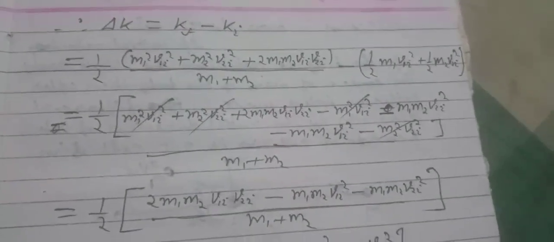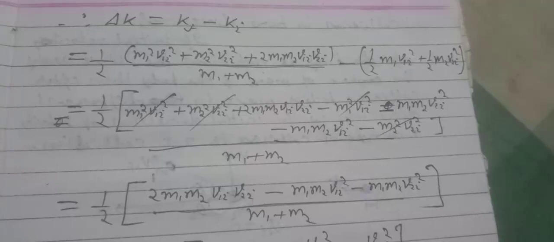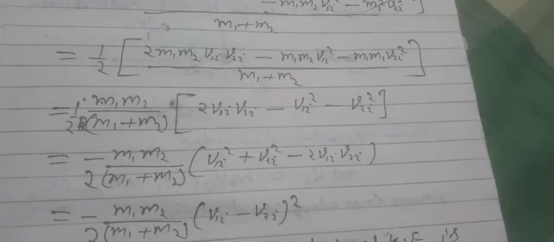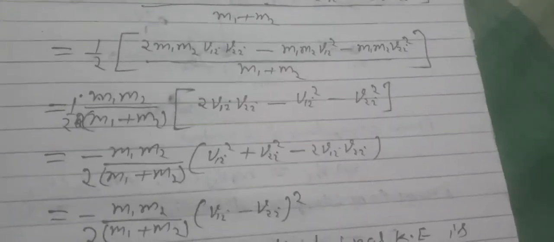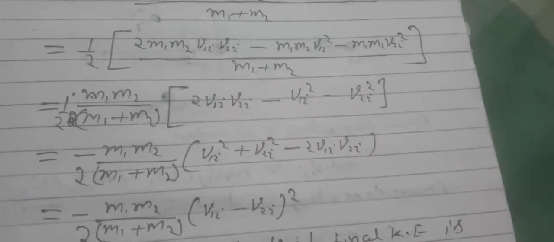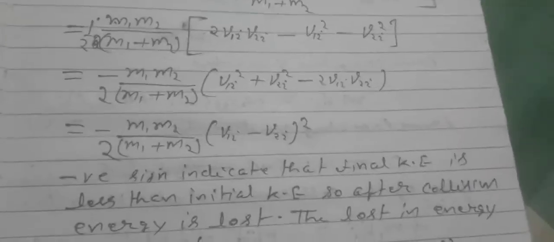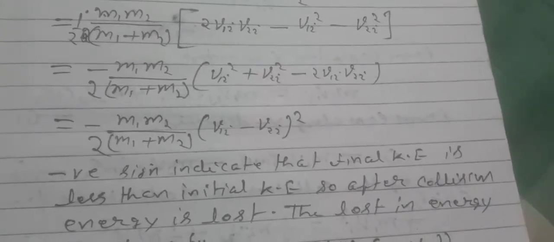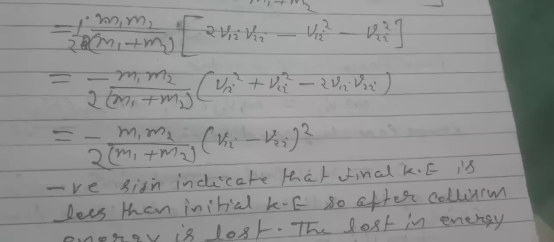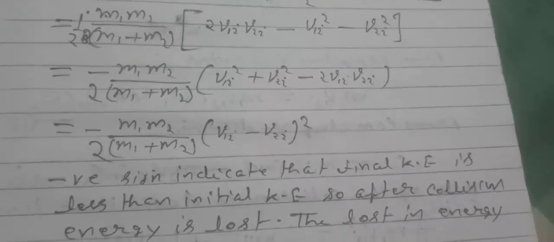Putting the value of final kinetic energy and initial kinetic energy, we finally get delta K equals minus m1 m2 by 2 (m1 plus m2) into (v1I square plus v2I square minus 2 v1I v2I), or equals minus m1 m2 by 2 (m1 plus m2) into (v1I minus v2I) whole square.